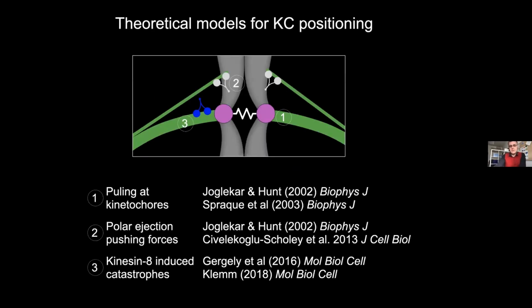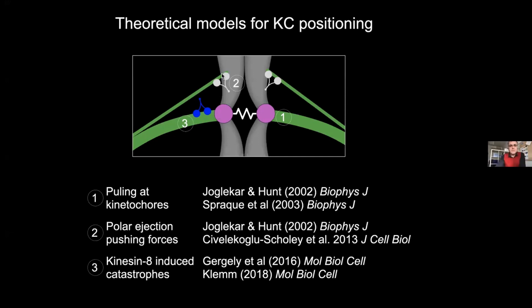What we know so far about kinetochore positioning or chromosome positioning is that there are forces important for this process generated first here at the link between microtubule and chromosomes. This is this magenta kinetochore here, and these forces are pulling forces by this microtubule from one side and also from the other.